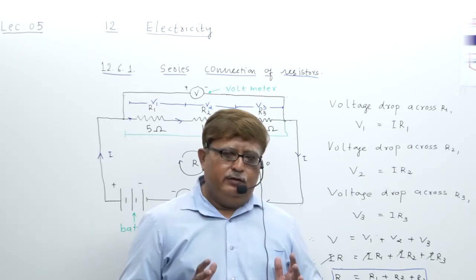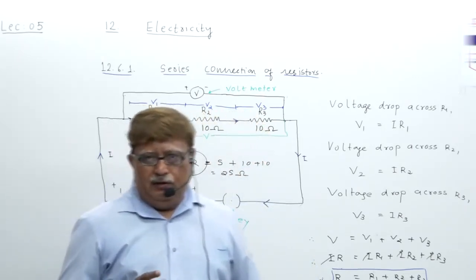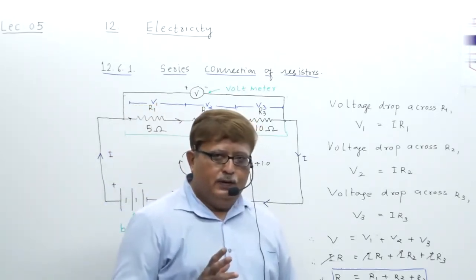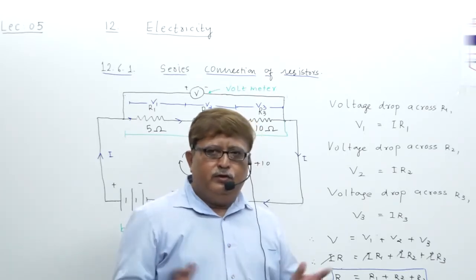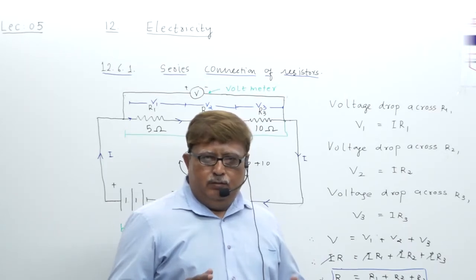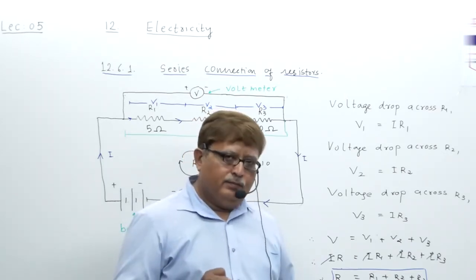All devices present or working in your home ultimately have some resistance, every device. That means suppose in your home there are 14 devices, so all 14 devices means 14 resistances in your home.